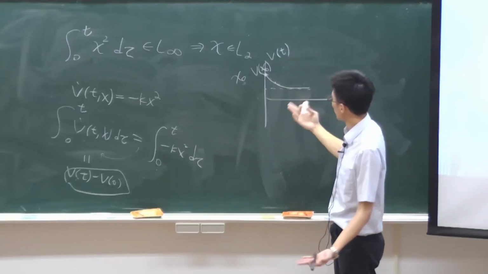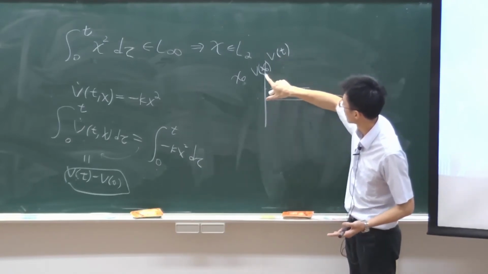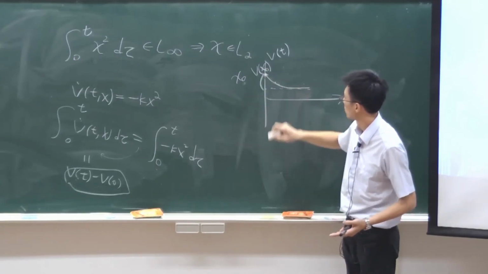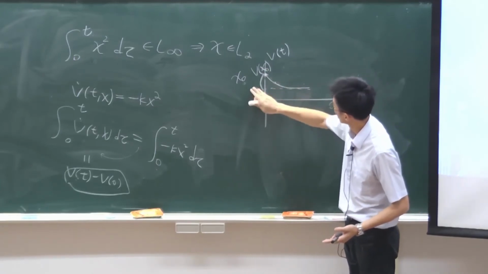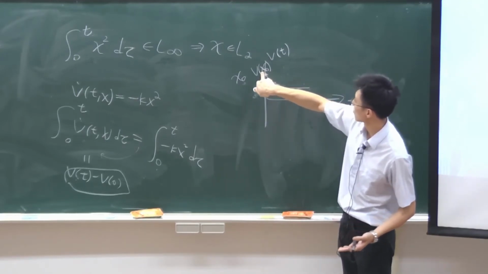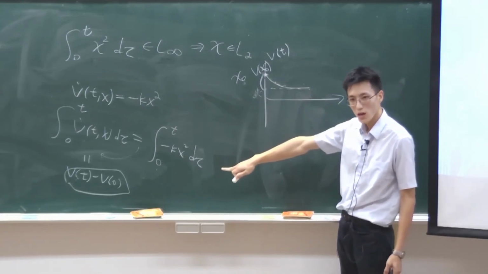So this is V(t). The largest difference from the initial condition to here, so you can say V(t) can be anywhere in here. So the difference between the initial condition of V and V(t) will be bounded, right?